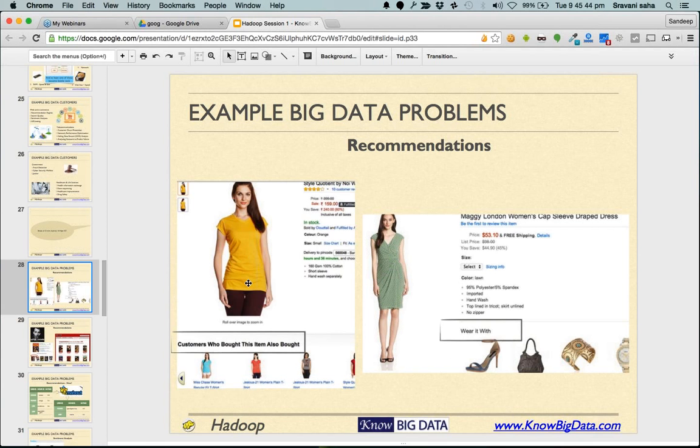You can see that a customer who bought this kind of shirt also bought this kind of shirt, this kind of shorts, and so on. And on the right hand side, there is a different kind of recommendation. They look very much like hand curated. The recommendation is you may like to wear this particular product with these other products. This is cross selling.